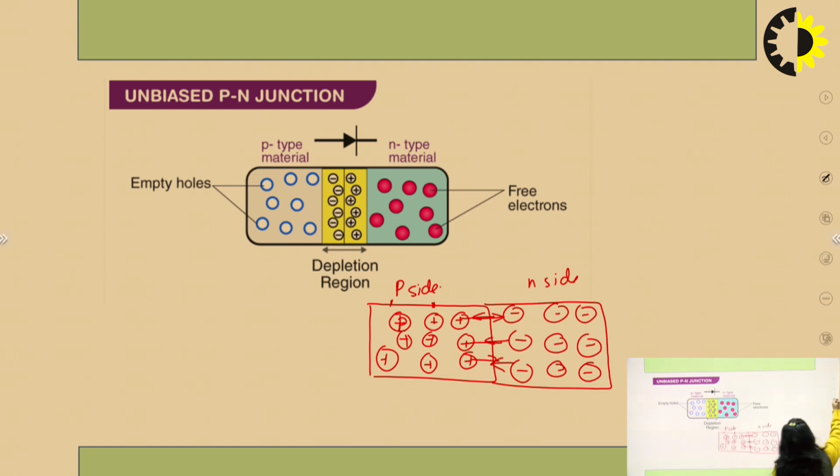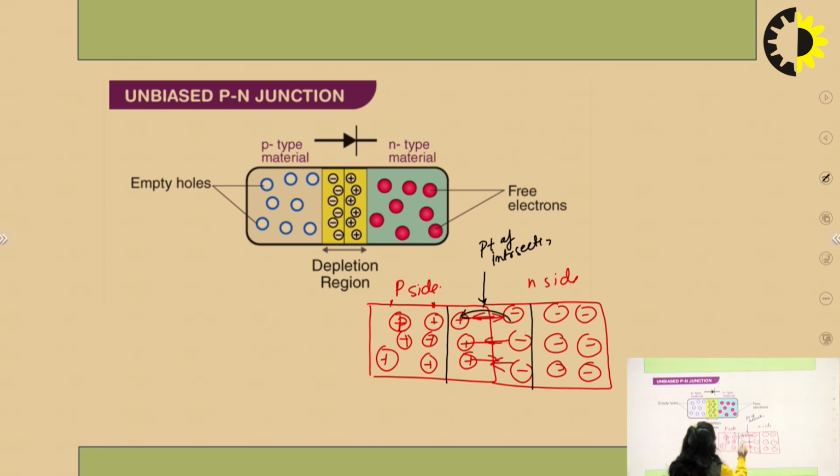As they start recombining, at the point of intersection there is so much recombination that the electrons combine with the holes and the holes combine by moving towards this part. It will provide a space charge with negative ions.